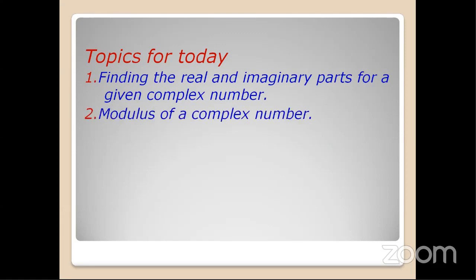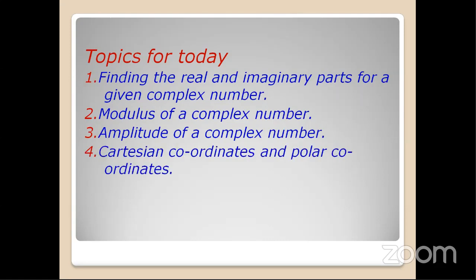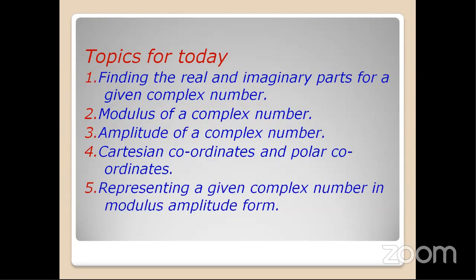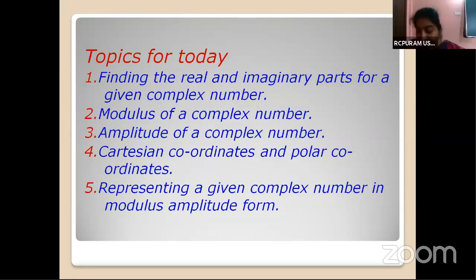Then modulus of a complex number, amplitude of a complex number, Cartesian coordinates and polar coordinates, and representing a given complex number in modulus amplitude form. To go with modulus amplitude form, you need to understand the two terms, modulus and amplitude of a given complex number. Okay, we'll look into that.